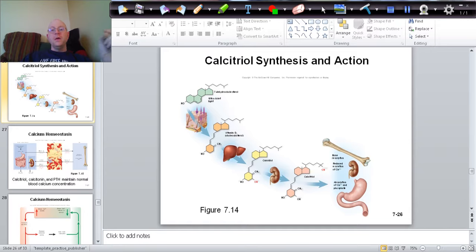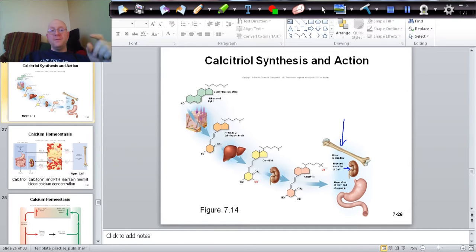Right? So at the gut, we encourage more absorption. At the kidneys, we reduce the loss of calcium, and both of those things will now help to keep your blood calcium stable. Now the third effect, however, is on the bones. Calcium is stored in your bones, in that readily exchangeable portion, and it can be released through the action of osteoclasts.